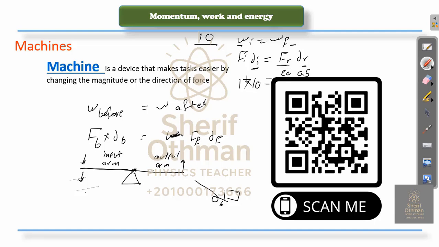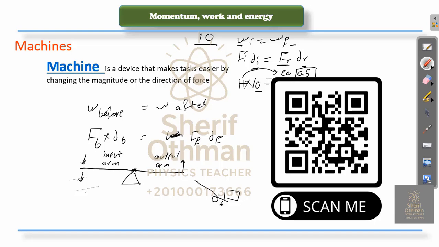I change the force from 1 to 20 depending on the lengths of the input arm and the output arm. So I saved my effort. I transferred the force. I amplified the force without changing the value of the work done.